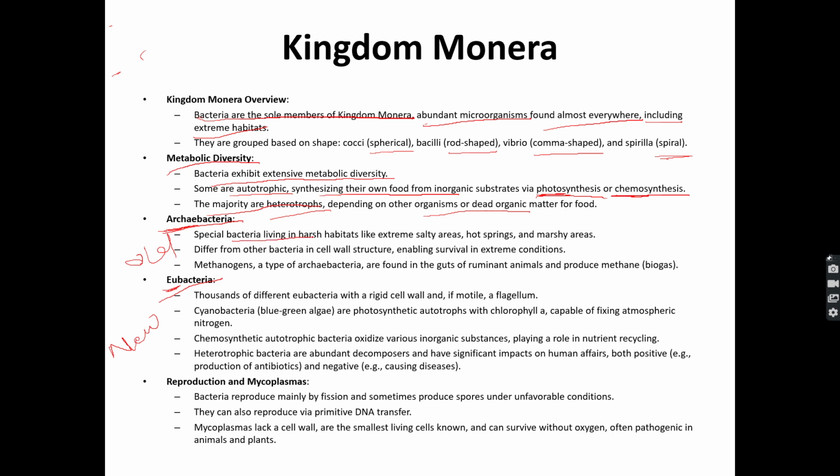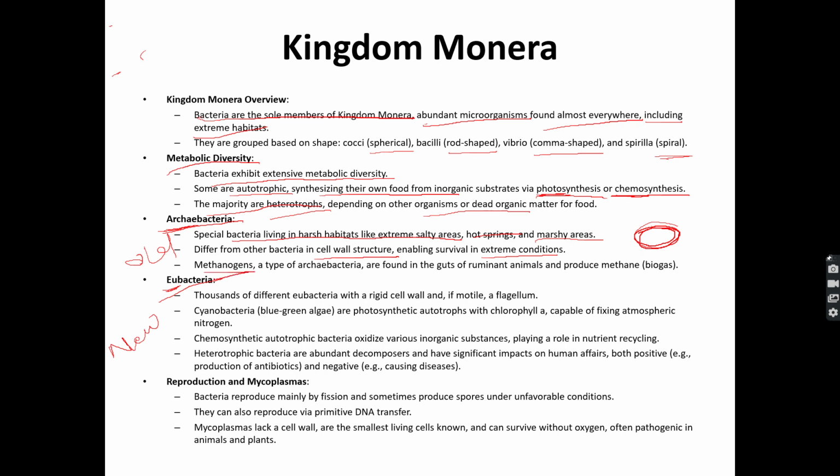Archaebacteria are special bacteria living in harsh habitats like extreme salt areas, hot springs, marshy areas. They differ from other bacteria in cell wall structure, enabling survival in extreme conditions. The cell wall of these bacteria is so thick and resistant that they can survive in extreme conditions.